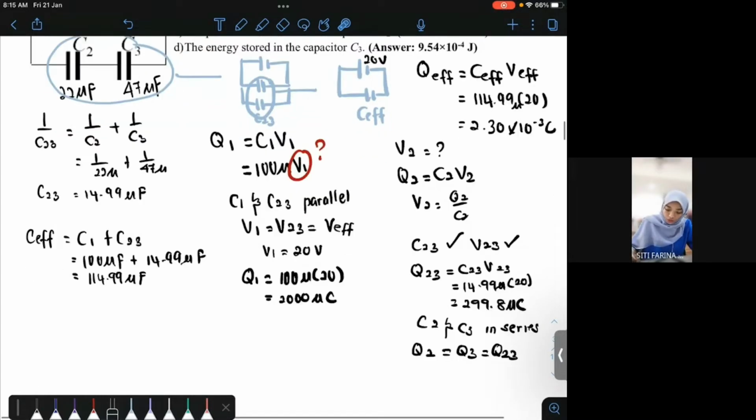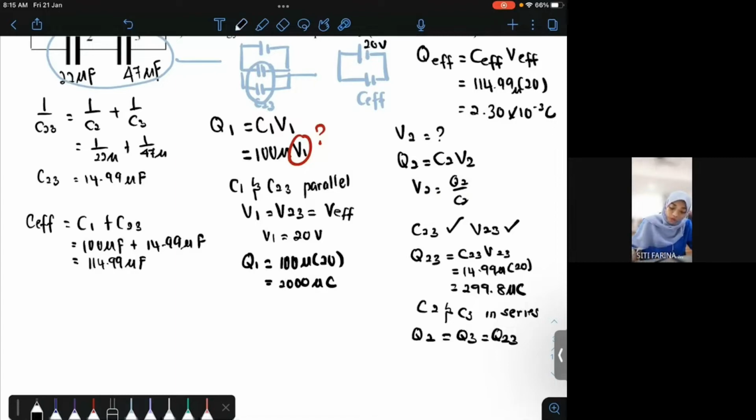Okay. So for us to find the V2, we need to have Q2 tadi, betul tak? So indirectly daripada informasi ini kita boleh dapat Q2. So you have already find Q23, therefore Q2 sama dengan 299.8 microcoulomb. Kita ambil dari sini.